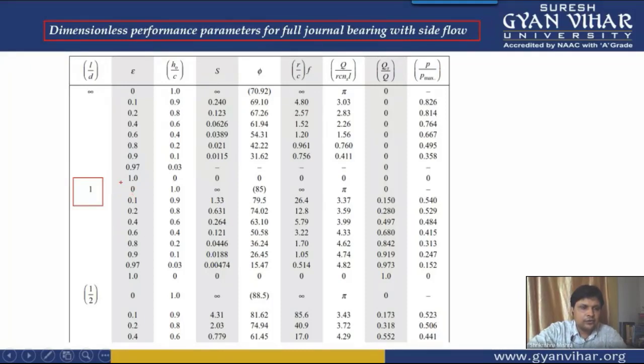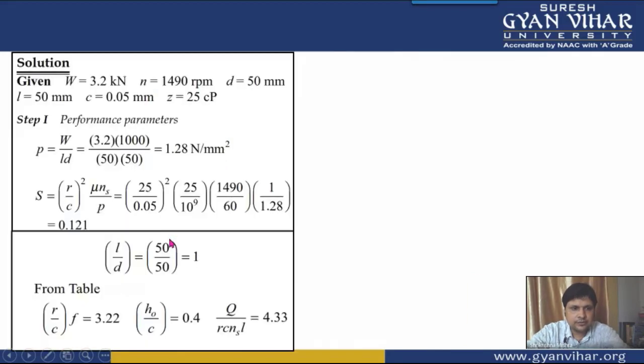Now you will also have to calculate the value of eccentricity. Based on these two values we can calculate all the values which we need here: R by C into F, and Q upon RC into Ns into L. These are the values which we will directly import from this table. Now students, let's go into this.